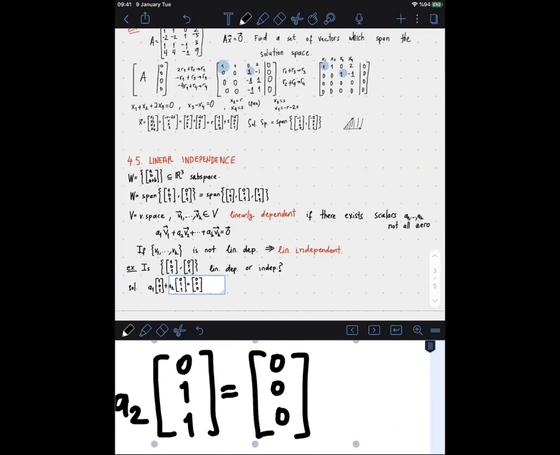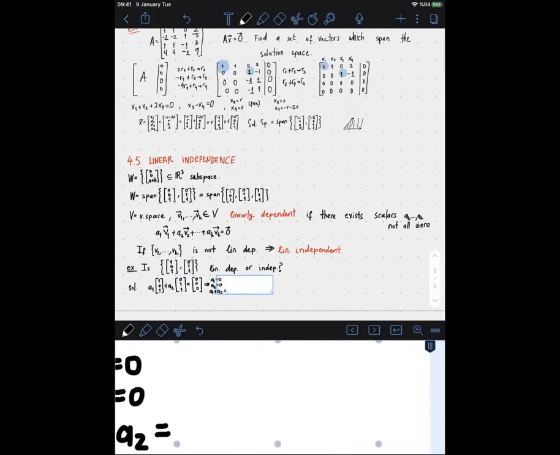The first line tells me a1 is 0, and a2 should be 0, and the third line says a1 plus a2 equals 0.